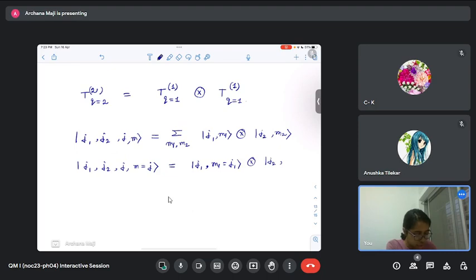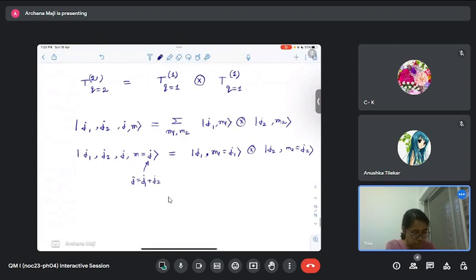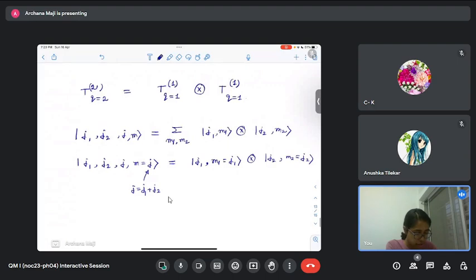So then only your M will become J. What is J? J here is J1 plus J2. Okay, so that is the maximum state. That is the state for which the CG coefficient is 1. I have forgotten to write the CG coefficient here.